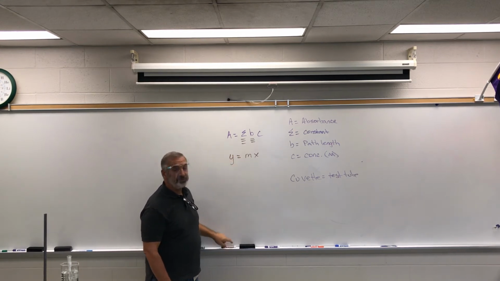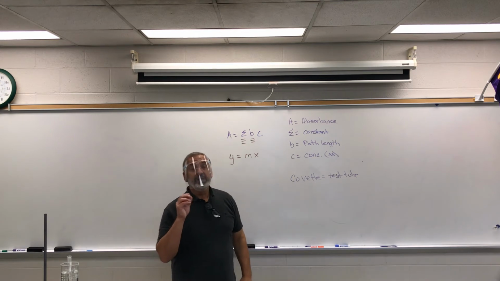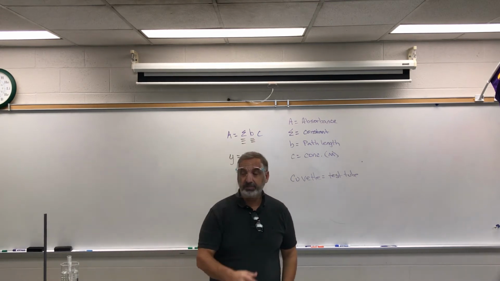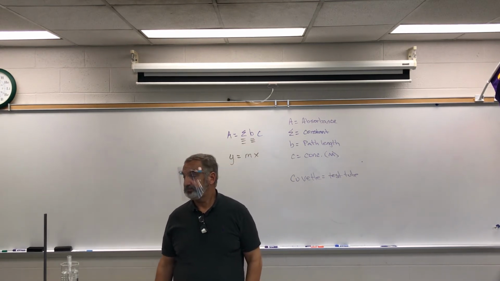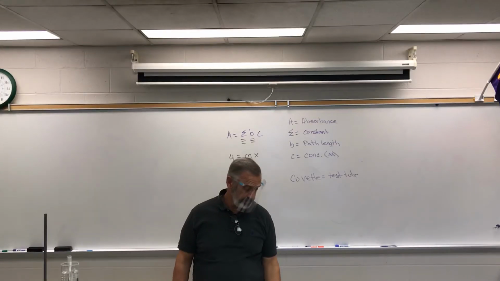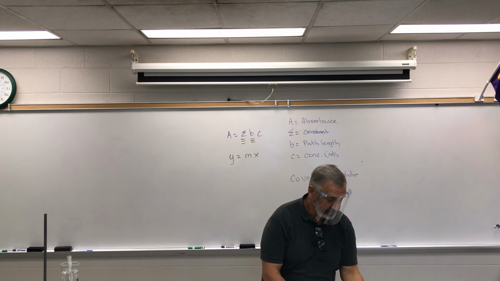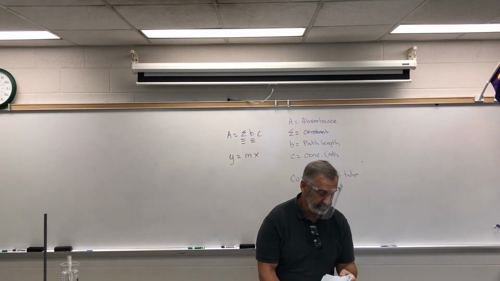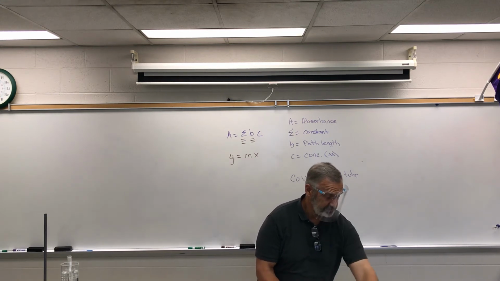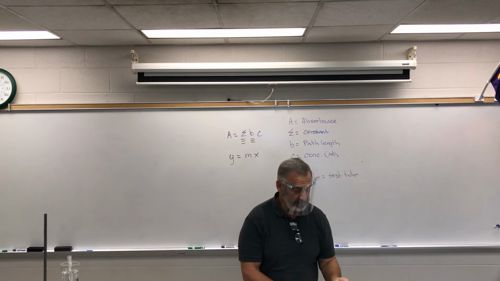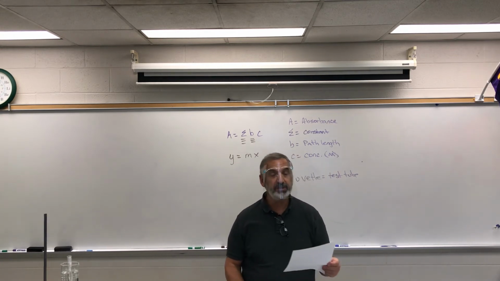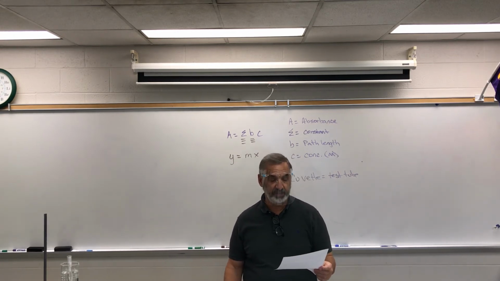All right, now, if we go to the actual procedure page, the one that's by itself, it says to make the solution, how many grams to make a 0.25 molar solution of copper sulfate.